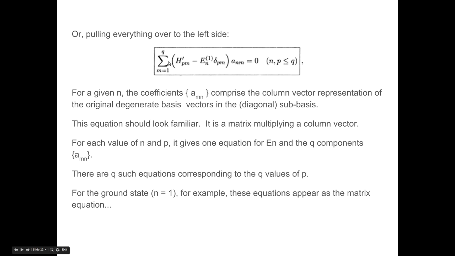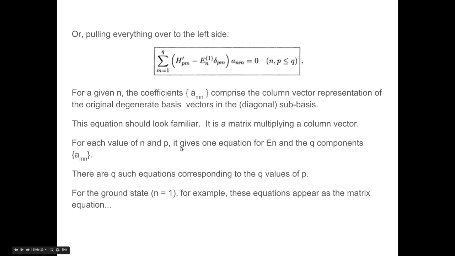Because we're summing over m from 1 to q, we know these are matrix elements, and we're multiplying this thing and summing over one of its indices. So this is nothing but a matrix being multiplied onto a column vector. We've seen this several times.